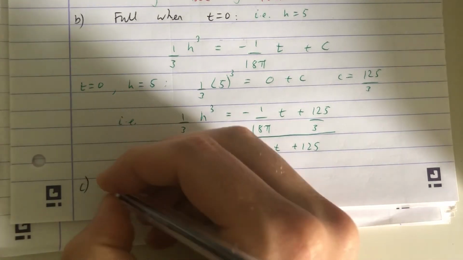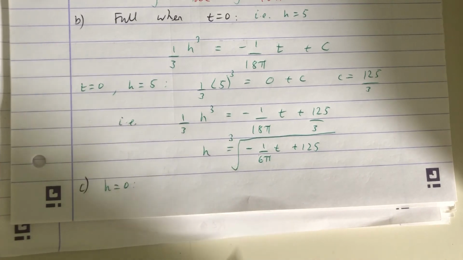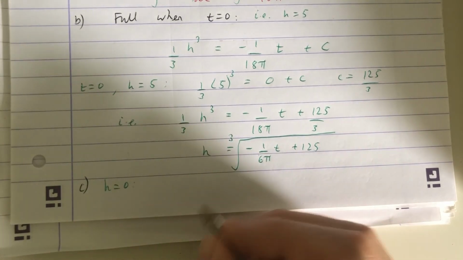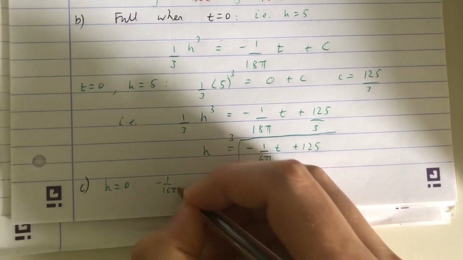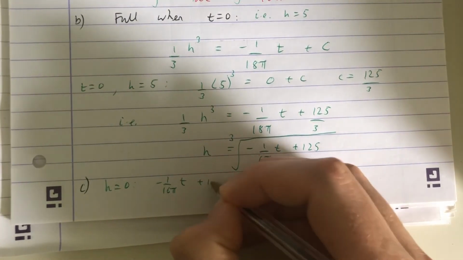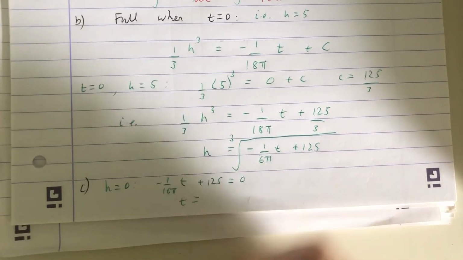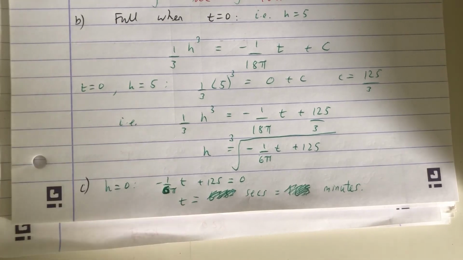So let's make h equal to 0. If h was equal to 0, then effectively inside the cube root is equal to 0. So you'd get 125 minus 1/6 pi t is equal to 0. If you make t the subject, okay, just corrected a mistake, that would have been a 6 there.